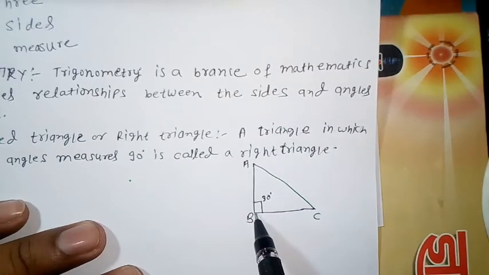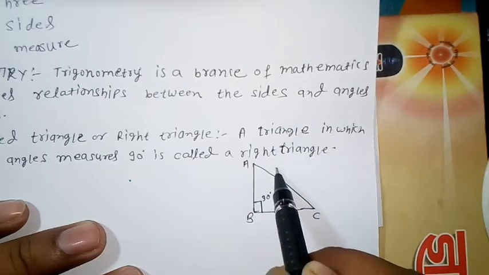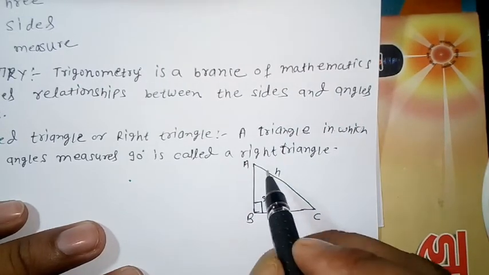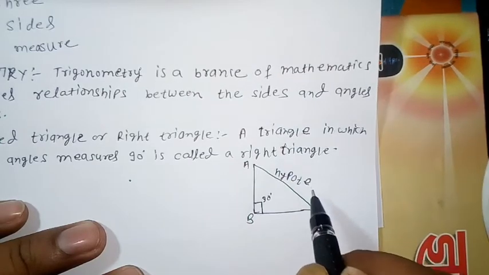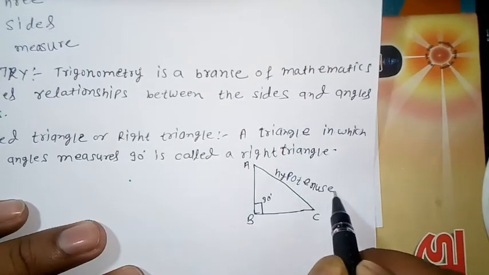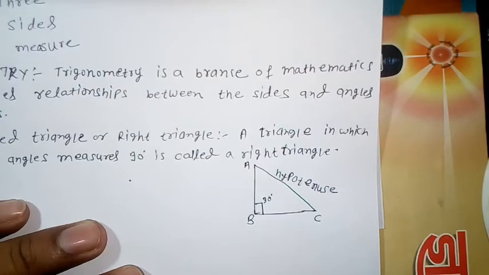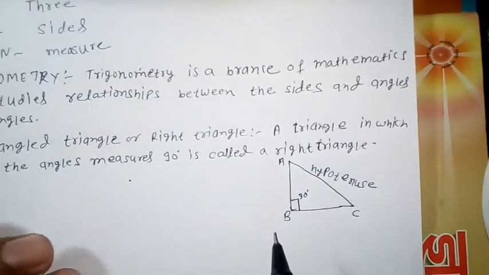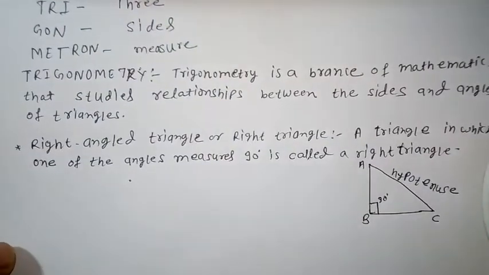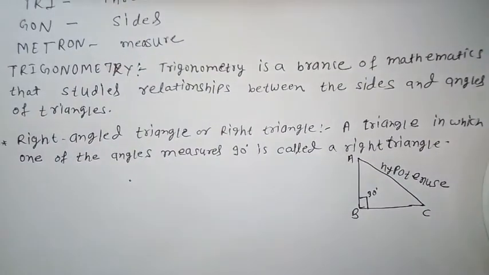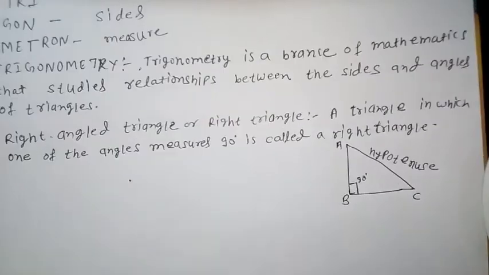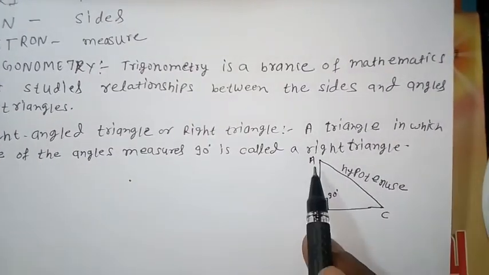So the opposite side of 90 degrees is the hypotenuse.